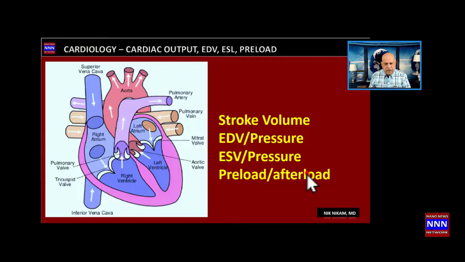Similarly, the end diastolic pressure, which is usually between 5 to 10 millimeters of mercury, can go up in patients with heart failure, either due to volume overload or due to pressure overload. See, we are talking about volume, which corresponds to the preload, or pressure, which corresponds to the afterload, or the resistance against which the ventricle has to pump.